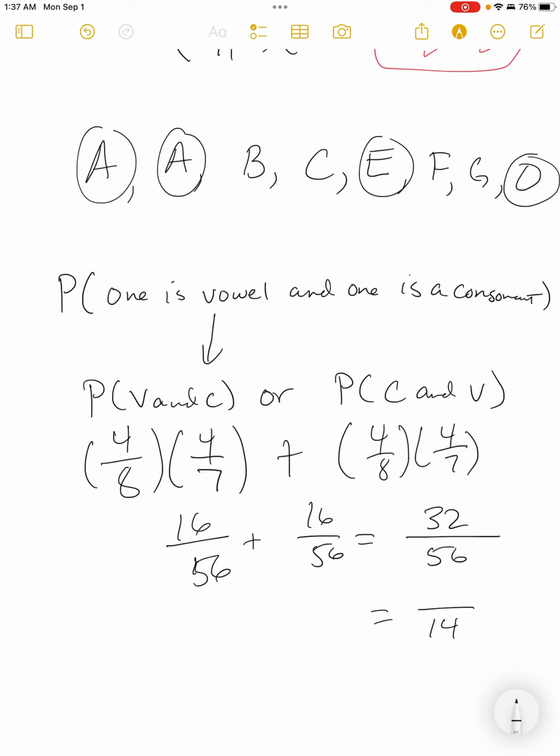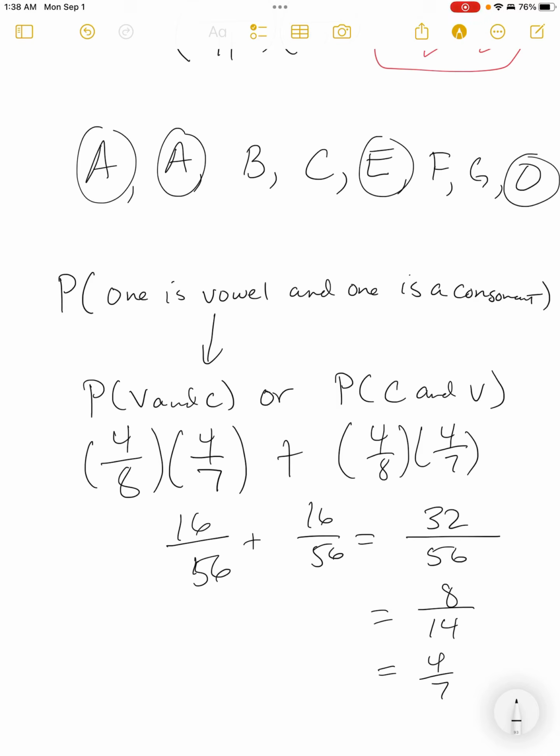And so 56 divided by 4 is 14. 32 divided by 4 is 8. And those are divisible by 2 again. And so 8 divided by 2 is 4. 14 divided by 2 is 7. So that just tells me that I missed that they were both divisible by 8, right? And I should have seen that, but I didn't, and that's okay, right? All that matters is we get to that eventual answer.